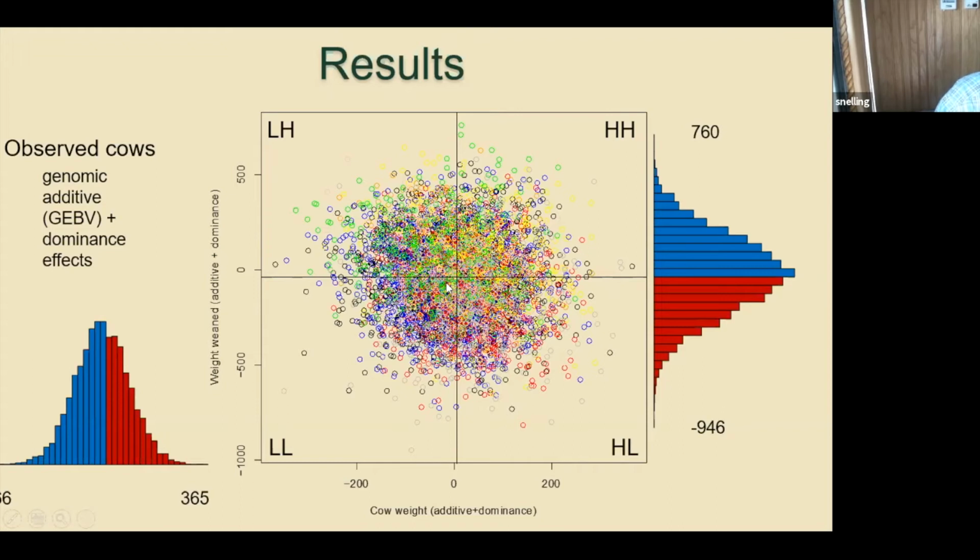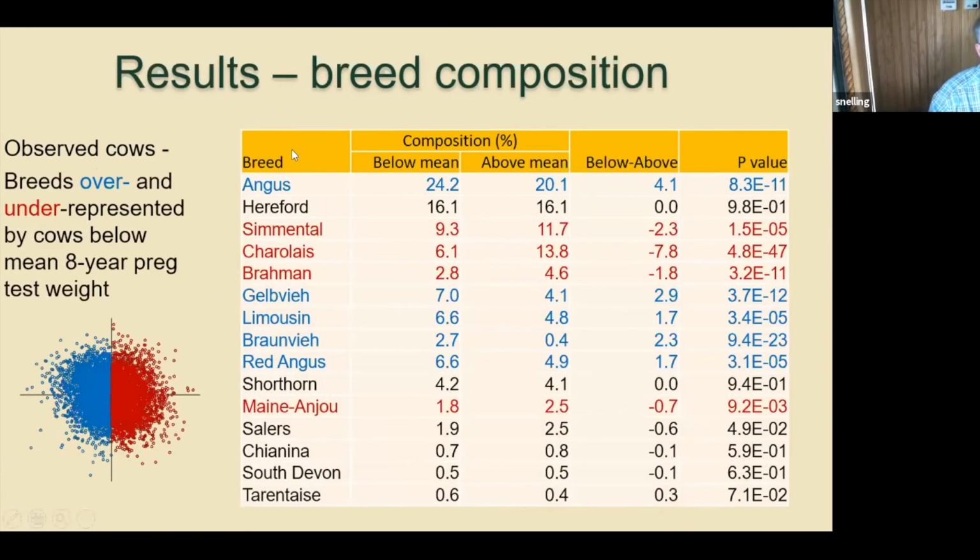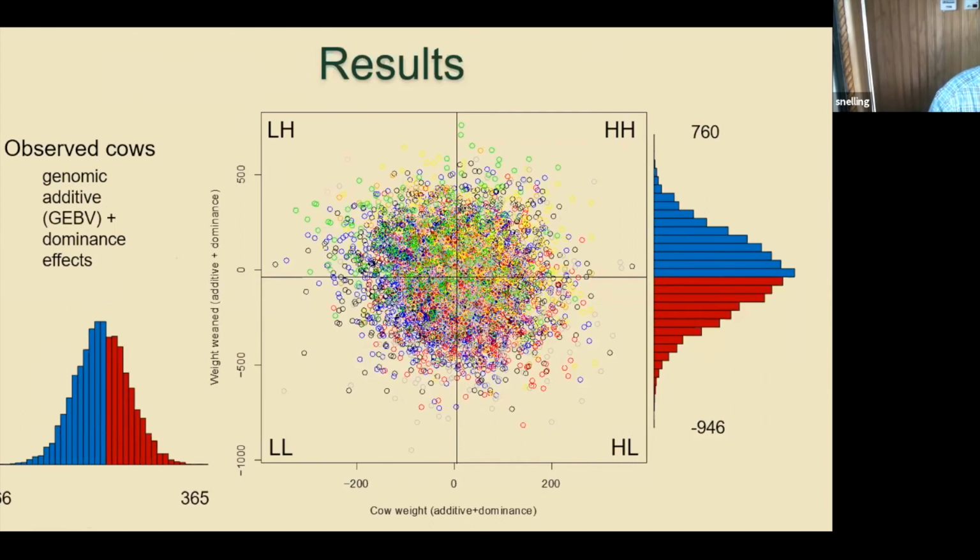and all breeds contribute to each of the 4 quadrants I've divided by the mean value, going from low cow weight, low weight weaned, then low cow weight, high weight weaned, high cow weight, high weight weaned, and high cow weight, low weight weaned.